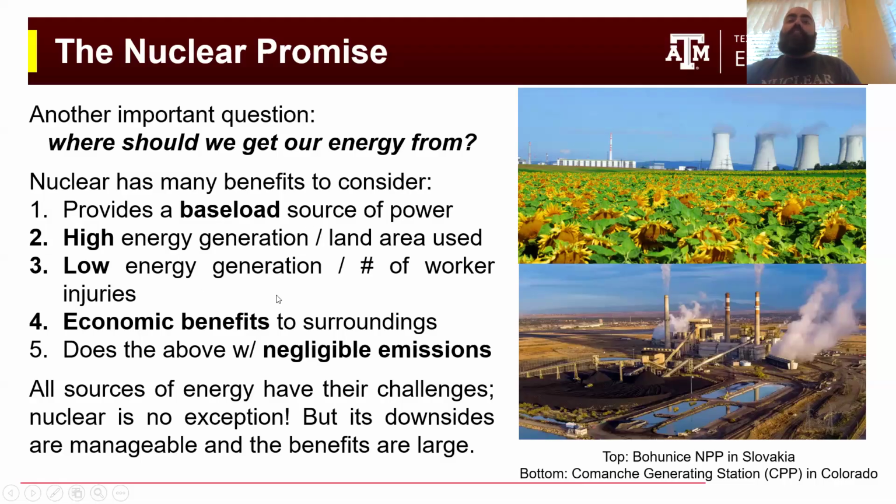You generate a lot of power, so the numerator is very, very large, and the number of worker injuries is very, very small. So that's a typo. That should actually say high ratio of energy generation to number of worker injuries. If you flipped the ratio, then it would be low. Very few people would get injured per unit of electricity generated from a nuclear power plant.